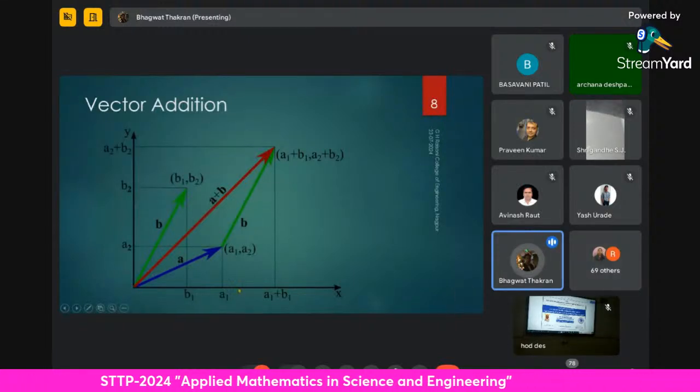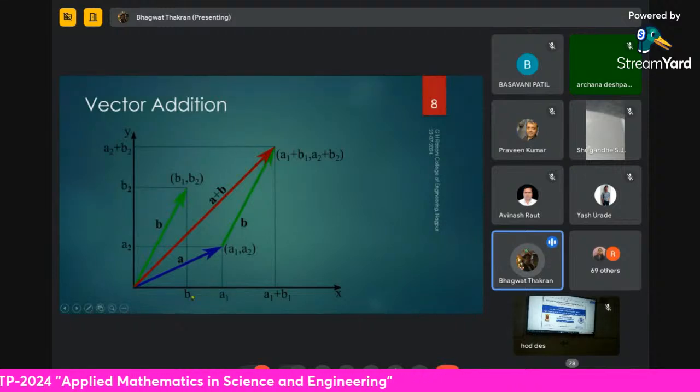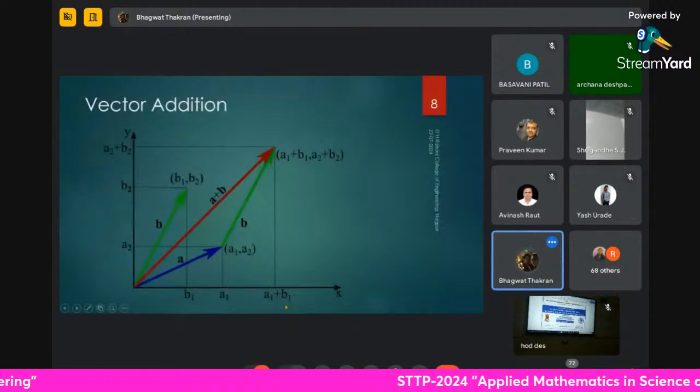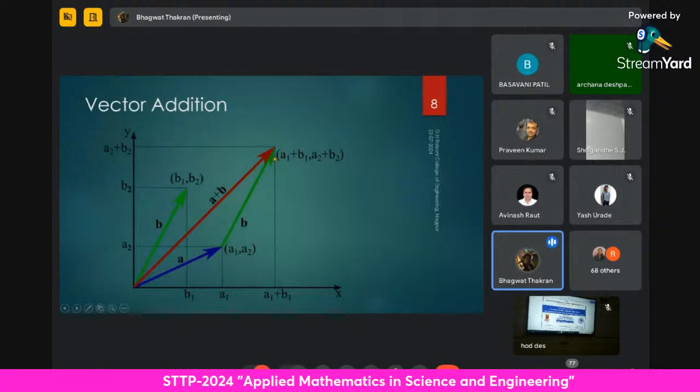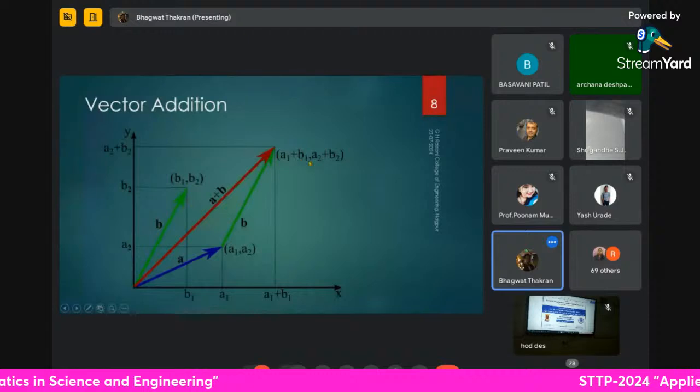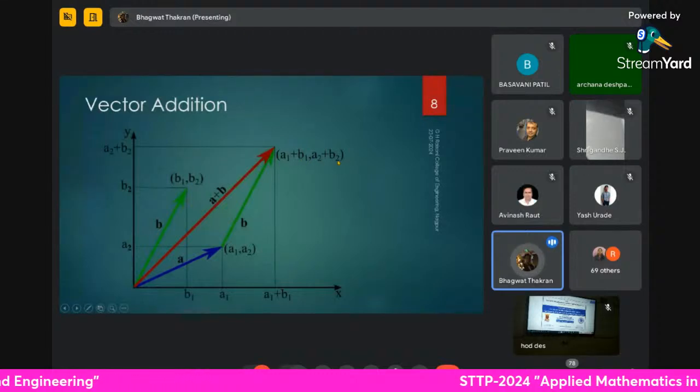Let us take the addition of these two. The sum will be a1 plus b1 and a2 plus b2. And the intersection of these two points forms the coordinate a1 plus b1, a2 plus b2.